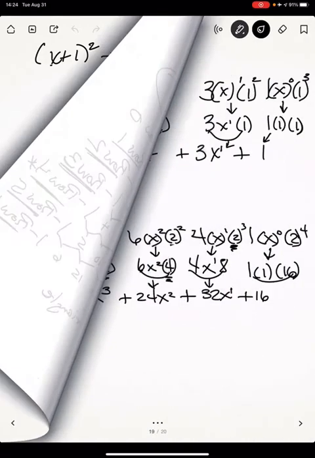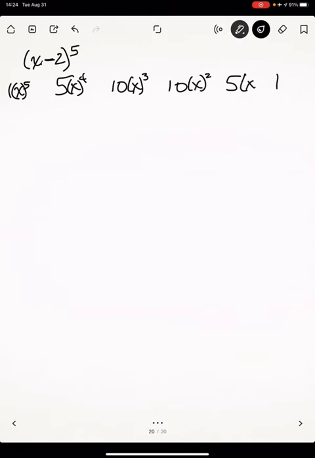So come over here again and write 1, 5, 10, 10, 5, and 1. All right, we go back to our first term, which is x. So again, we start with the highest exponent, x to the 5th, then x to the 4th, x to the 3rd, x to the 2nd, x to the 1, and x to the 0.